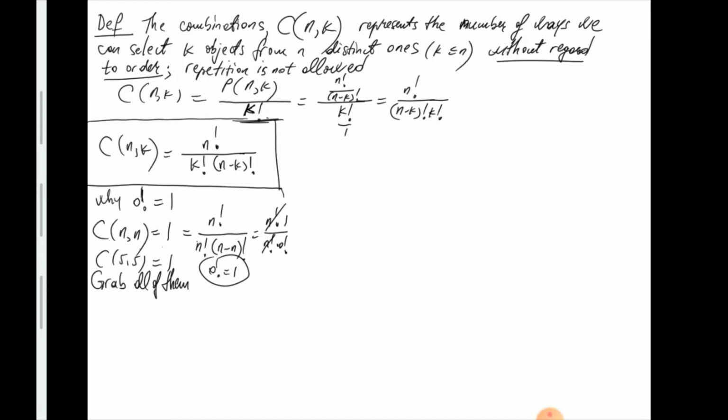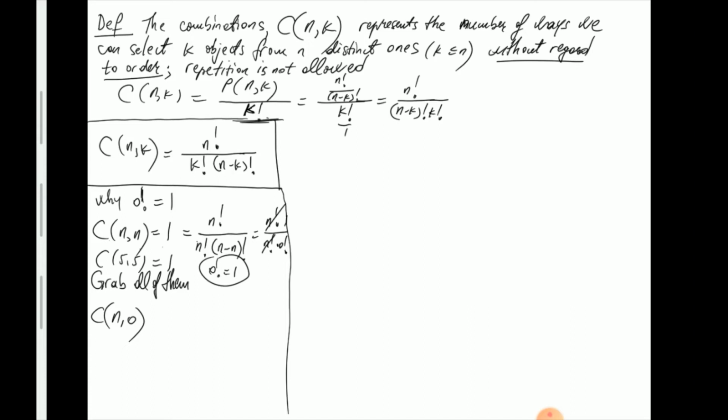Another combination which also pops up sometimes in applications: in how many ways can you choose 0 objects out of n? This is sometimes a little bit more confusing, but put it this way: in how many ways can you choose nothing from a given set? Doing nothing is essentially one activity, right? There are not many ways in which you just choose nothing.